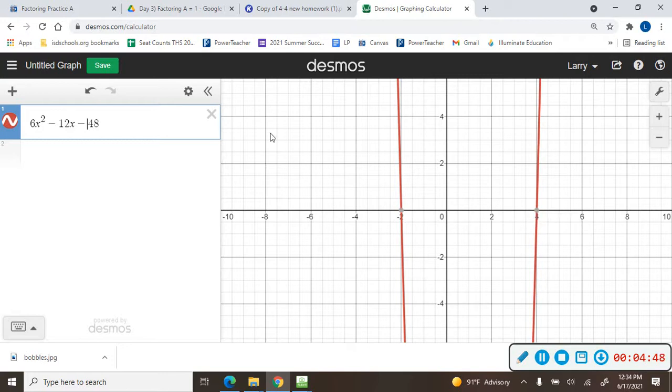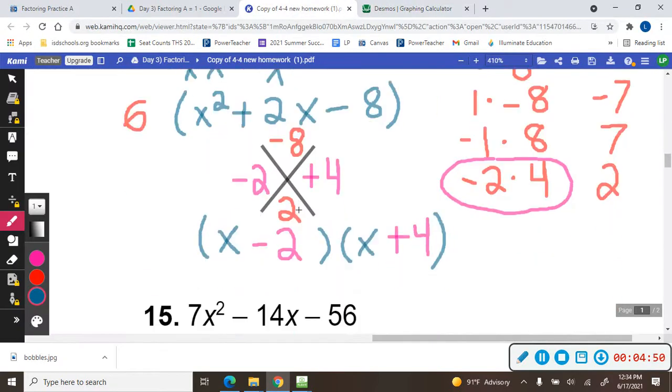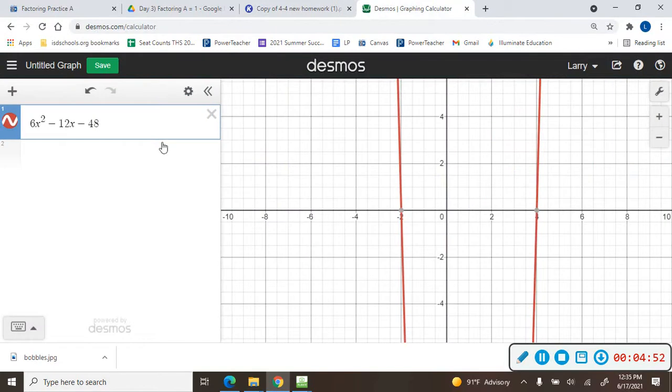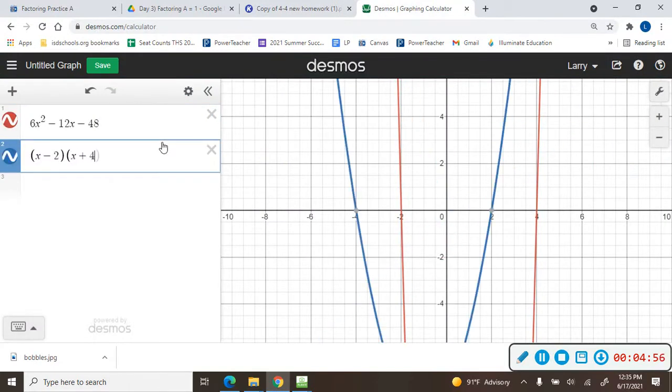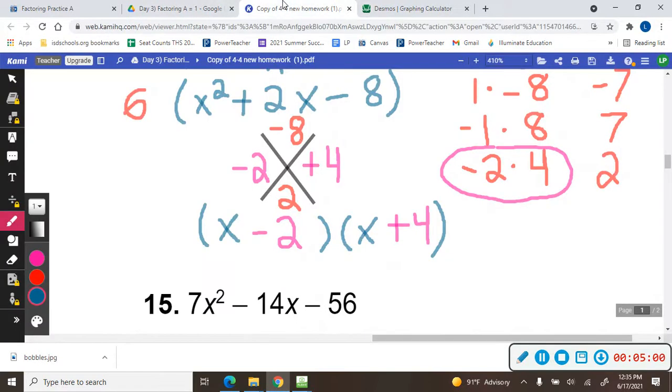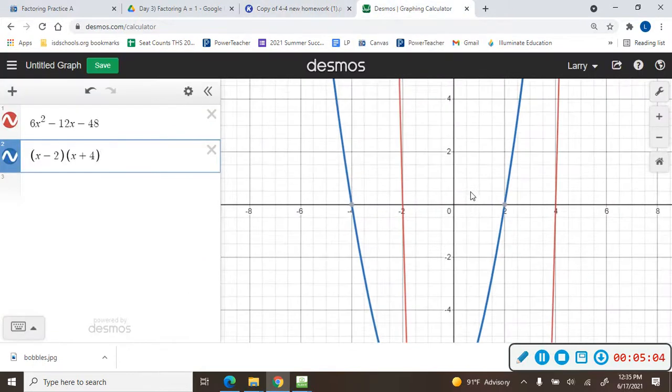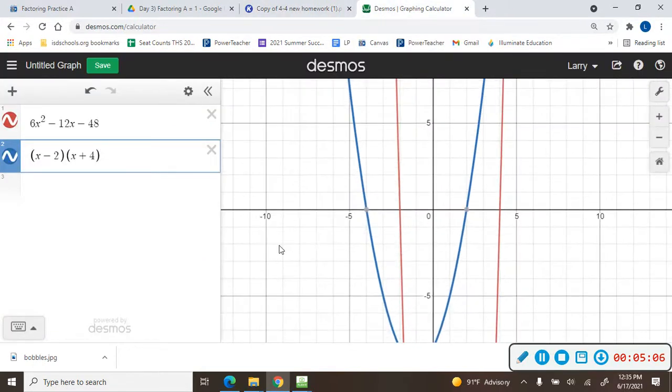Those are my x-intercepts. And then I think it's x minus 2, x plus 4. Interesting. They're almost the same, but not quite.